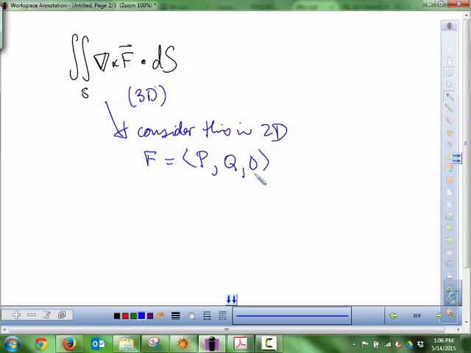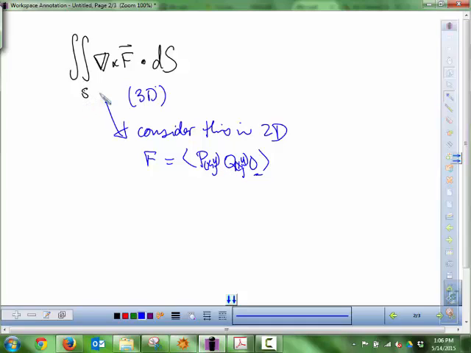So we'll keep it in 3 dimensions just by putting zeros here, and we'll see what happens. Since we are bringing this down to 2 dimensions, you still live in 3D, right? And then you're just looking at this from a 2-dimensional point of view. So when you are looking at this from a 2-dimensional point of view, then the P and Q are just functions of x and y and no z's in it.